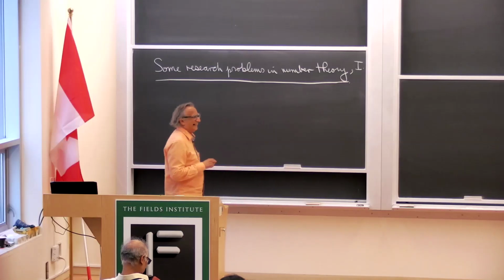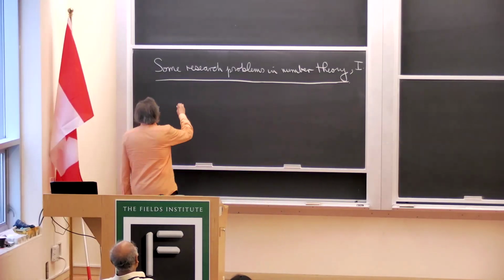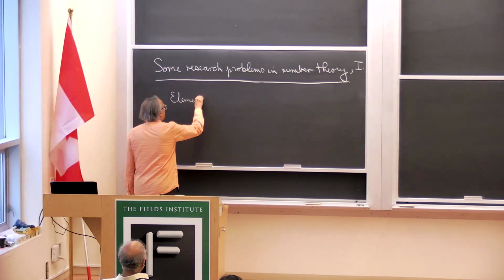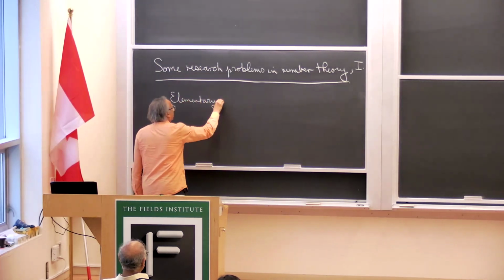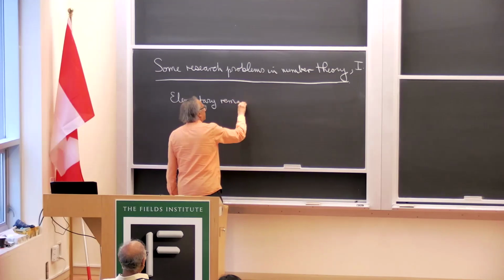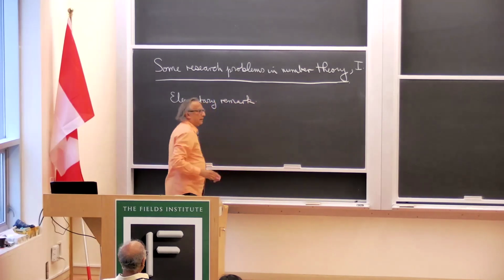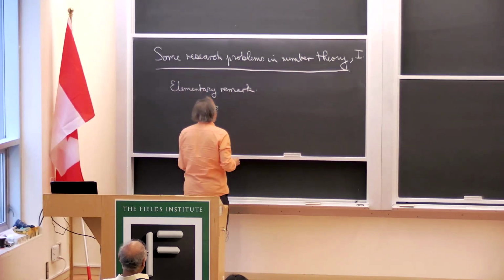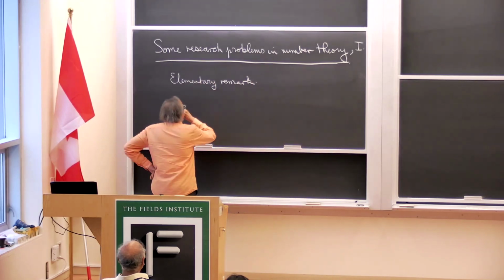Right. So let me begin with a very elementary remark. I think I first stumbled on this in a book on elementary number theory by Vinogradov. And the idea is very simple.